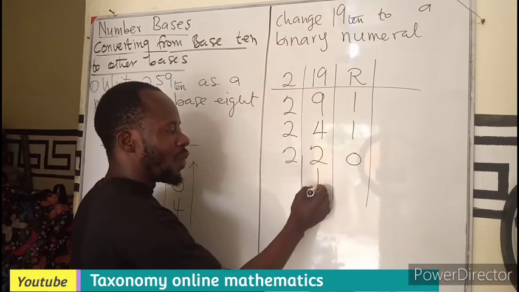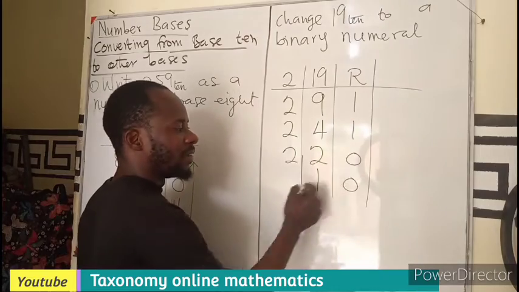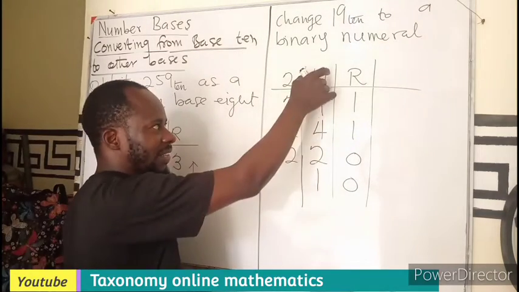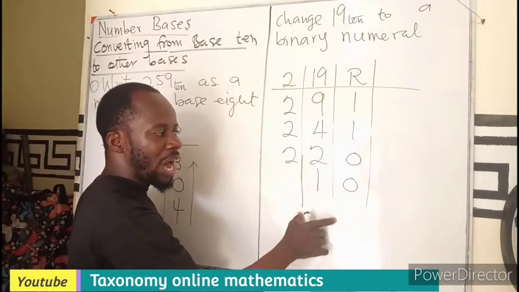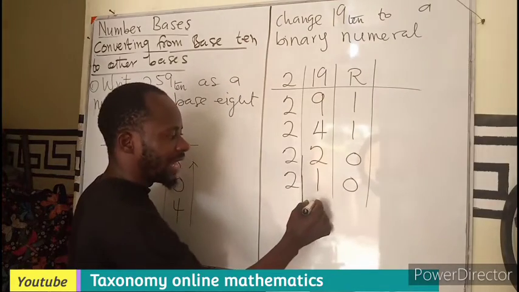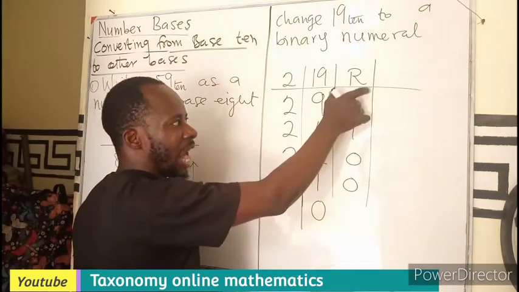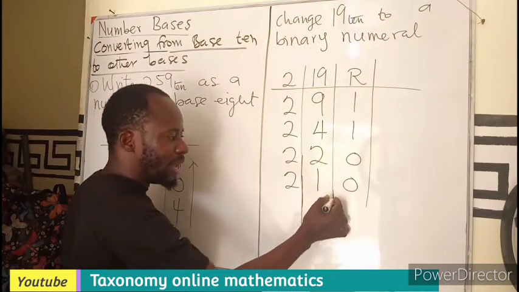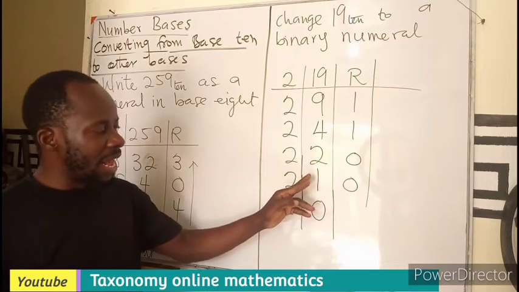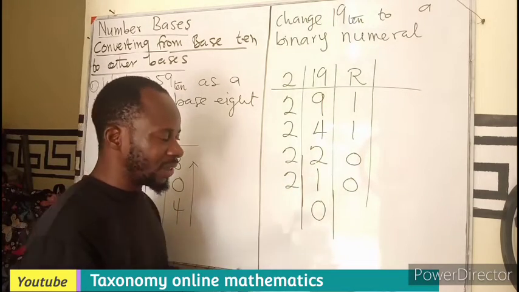Then 2 will in turn go here. How many times? 1. 1 times 2 is 2. 2 minus 2, 0. This is still under base 10. So I need to break the last one. 2 will go here 0 times. Always you need to get 0 in order to get the accurate base. This goes here 0. 1 minus 0 is what? 1.